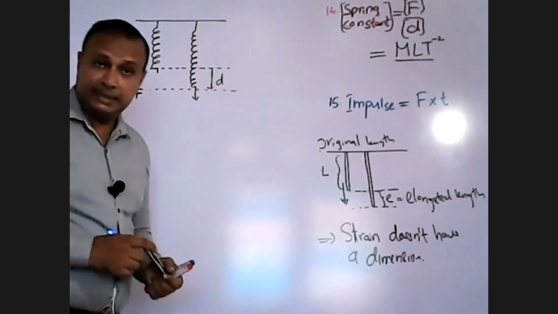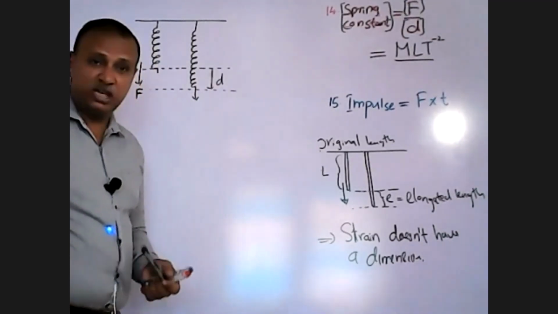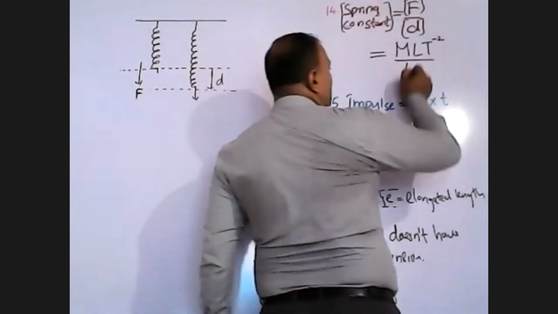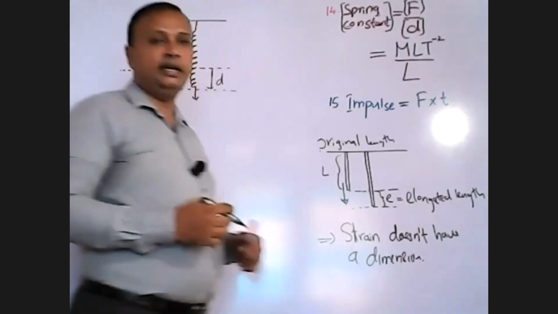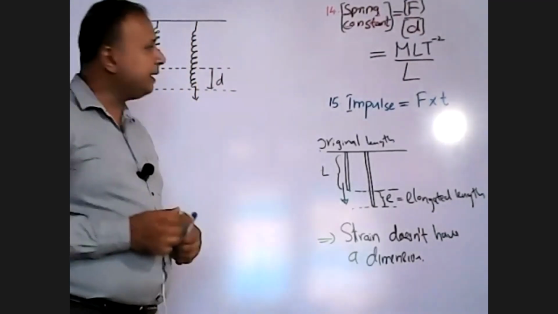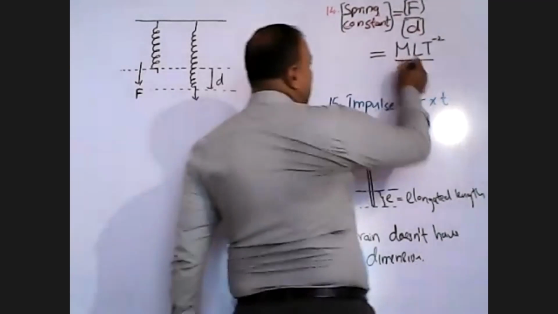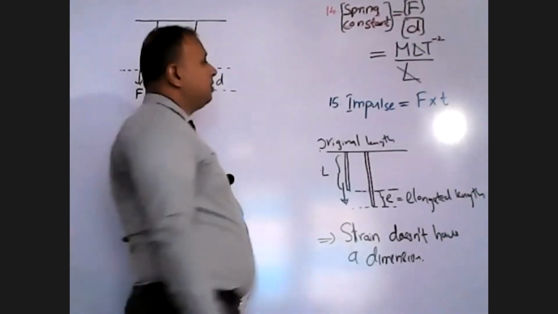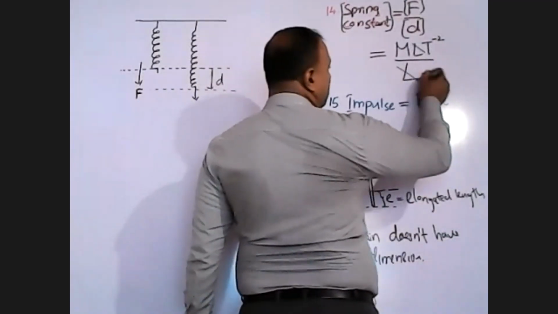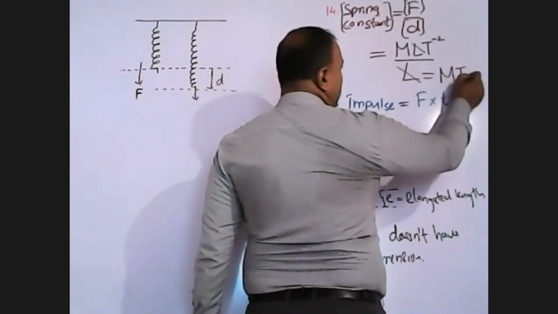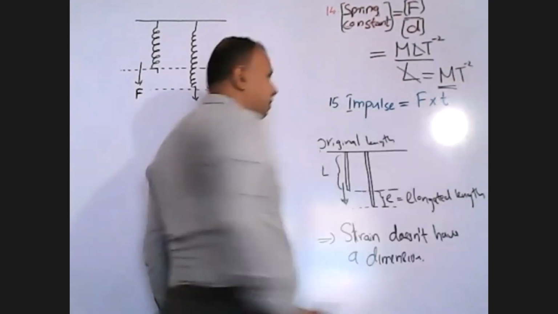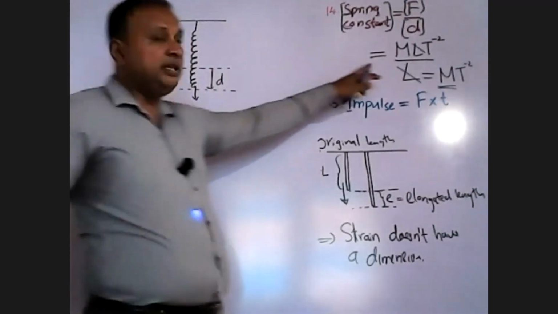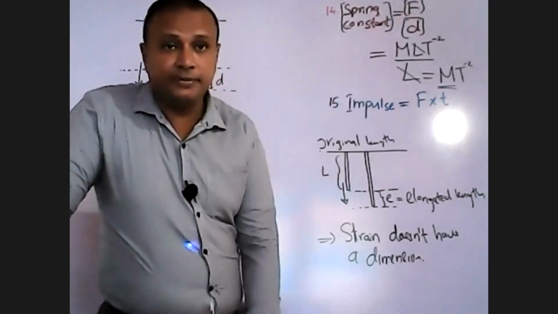D is a displacement, that is a length, so L and L will cancel out. Then the dimension of the spring constant is MT minus 2. Did you get this answer?